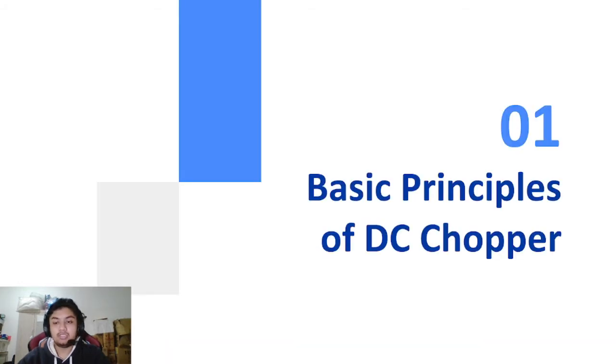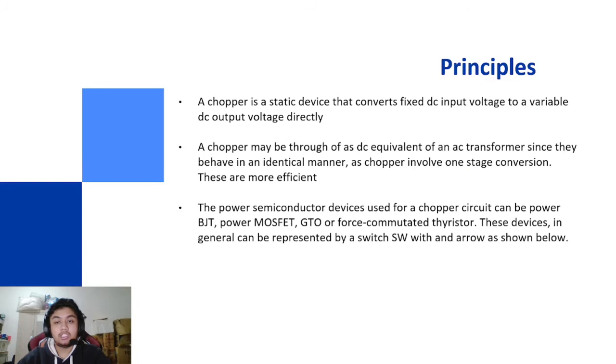Okay, for basic principles. A chopper is a static device that converts fixed DC input voltage to a variable DC output voltage directly. A chopper may be thought of as the DC equivalent of an AC transformer, since they behave in an identical manner.